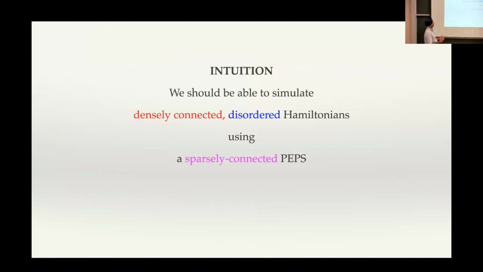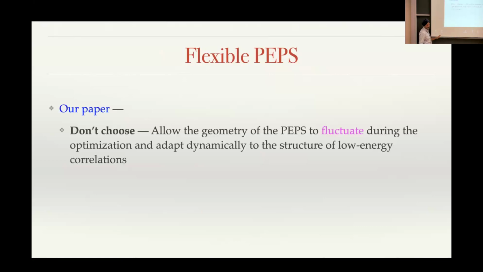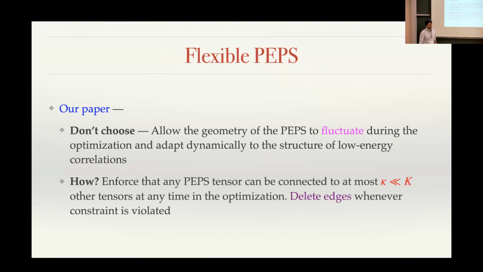But the problem is that it might be hard to guess. Okay, so the working intuition for us is that we should be able to simulate densely connected disordered Hamiltonians using a sparsely connected PEPS. But how do we choose the geometry of the PEPS? And our proposal is that let's not choose it. Instead, let's allow the geometry of the PEPS to fluctuate during the optimization and adapt dynamically to the structure of the low energy correlations. And how do we do that?